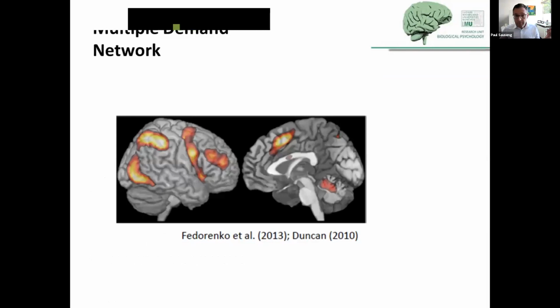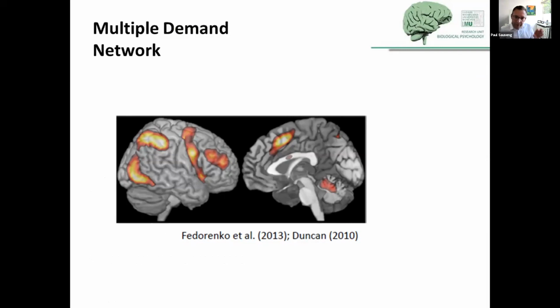Now, there is the idea that there's a multiple demand network in our brain, which is exactly for that. A distributed brain network, mainly cortical, which apparently helps us juggle all these different things and coordinate these different cognitive processes.